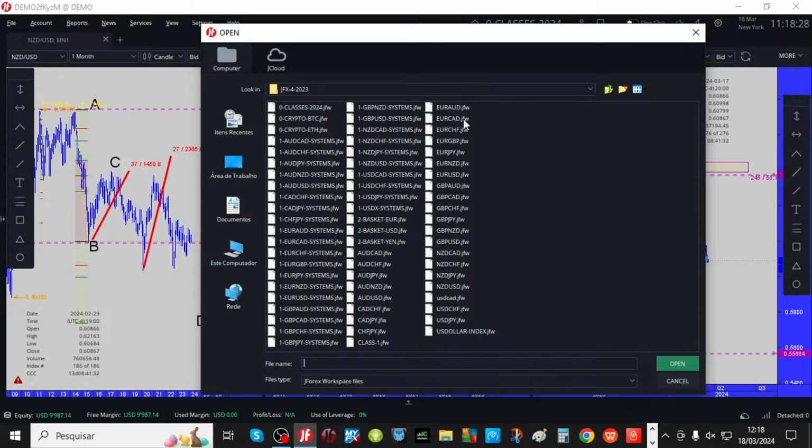Not euro dollar, not GBP, not NZD CAD. Not a lot of pairs are in a downtrend. NZD JPY maybe too soon. NZD USD, and I believe we are done.